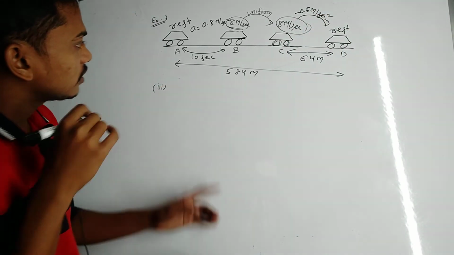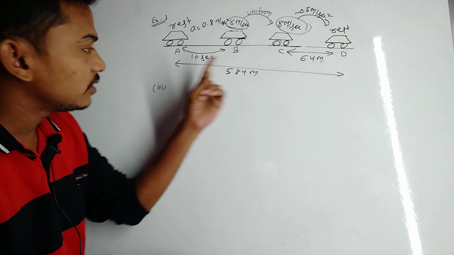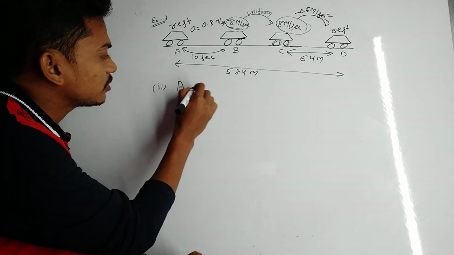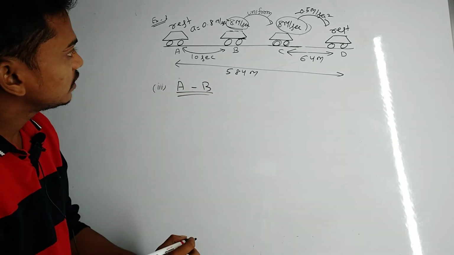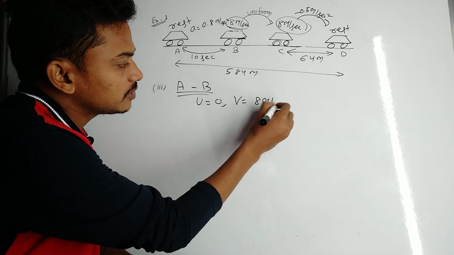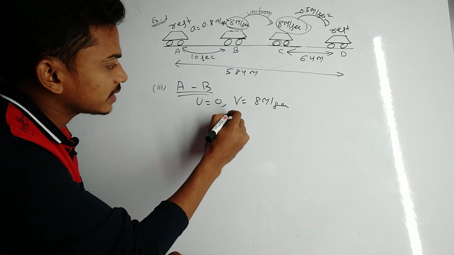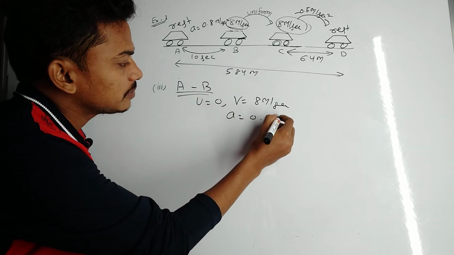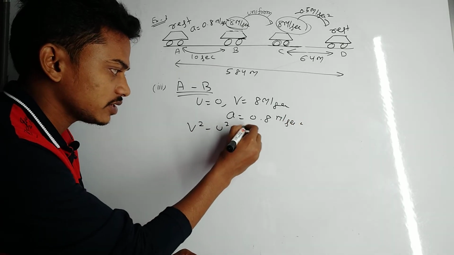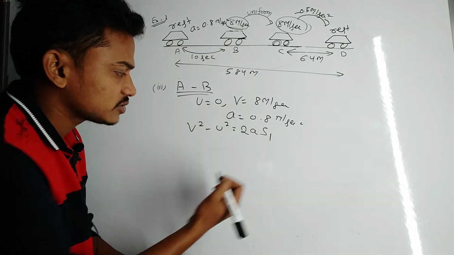In the third bit the question was to find the total time during the journey from A to D. So consider the motion from A to B first. Initial velocity u is 0, final velocity v is 8 meter per second, and acceleration is 0.8 meter per second square. Use the formula v square minus u square is 2as. Suppose the distance between A and B is s1.